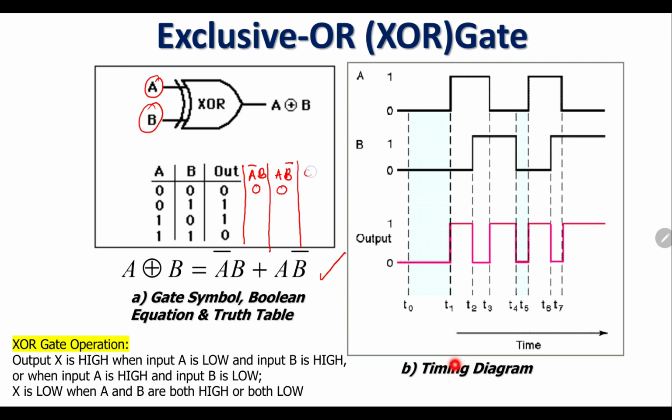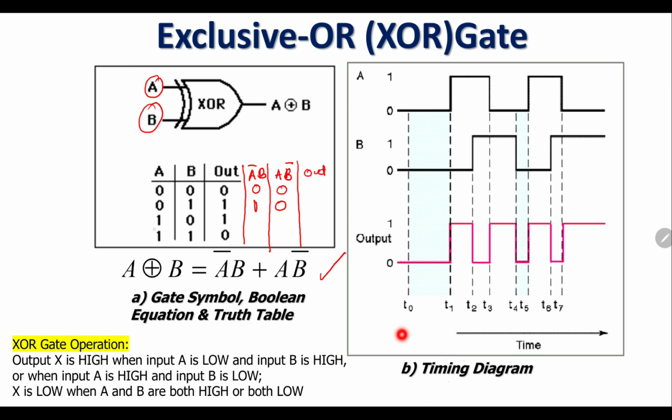Okay, so this one is supposed to be the output. Next, 0, 1. A bar is 1. 1 plus 1 is 1. A B bar, A is 0, B is 1. B bar is 0. 0 plus 0 is 0.